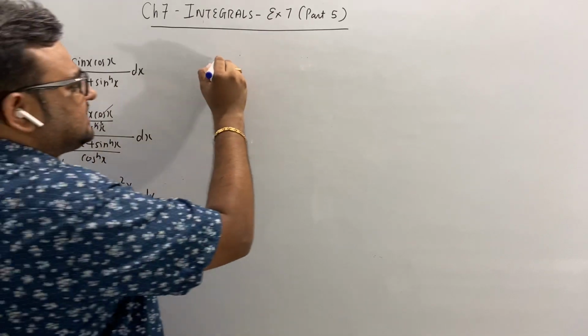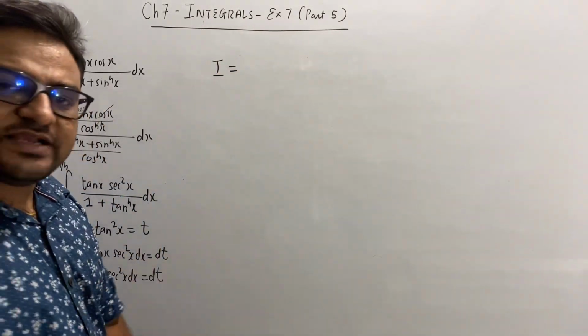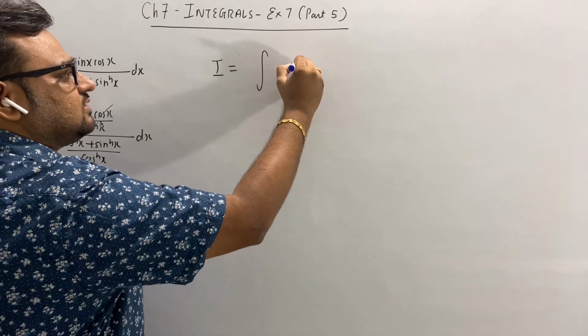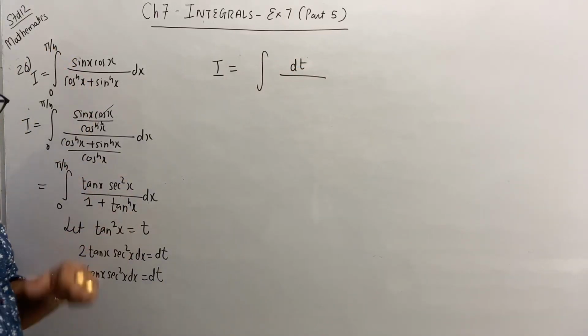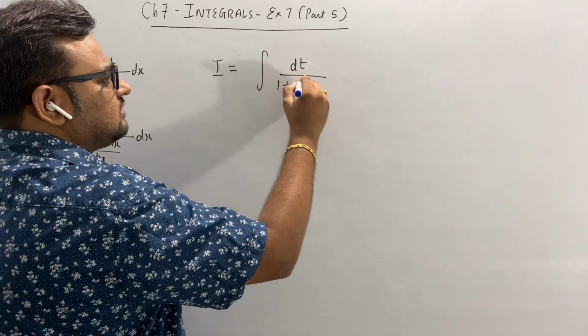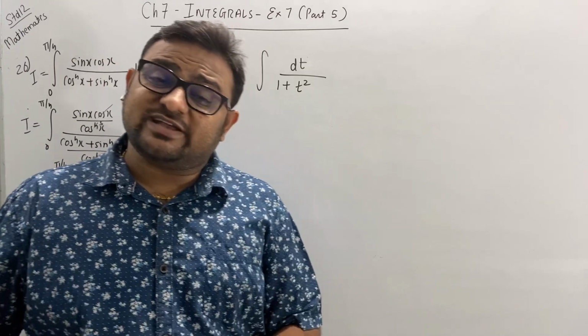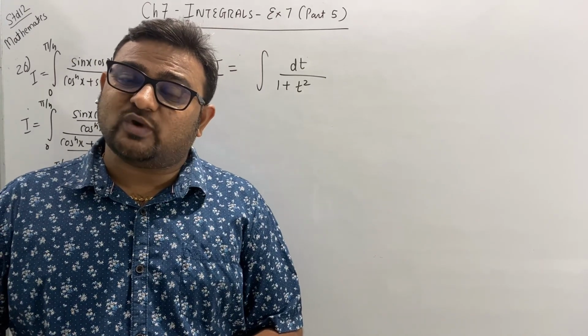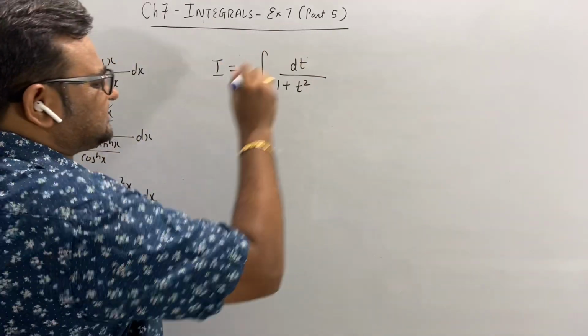So now let's replace it. I will be equal to tan x sec square x dx, dt. Clear? Denominator 1 plus tan raised to 4x, 1 plus t square. So now what is integration of 1 upon 1 plus x square? It's tan inverse x. Here it's t.